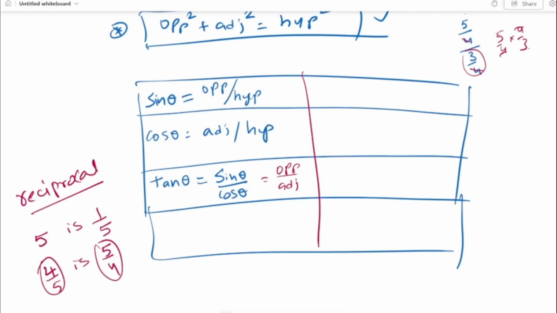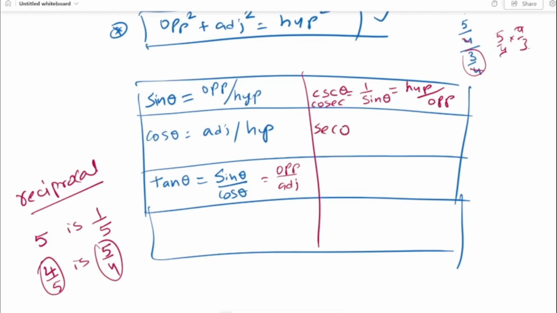Now, the reciprocal of sine is called cosecant. It is written as CSC or sometimes cosec. Cosec is the reciprocal of sine, which is 1 over sine theta. Then this flips: hypotenuse over opposite.